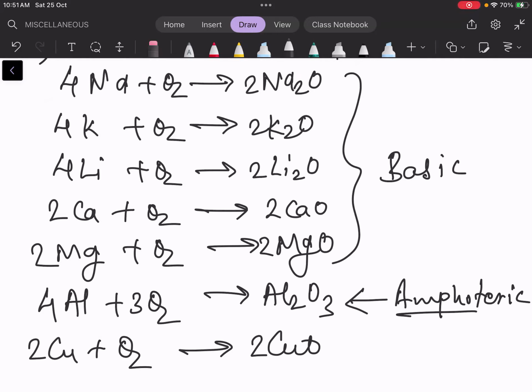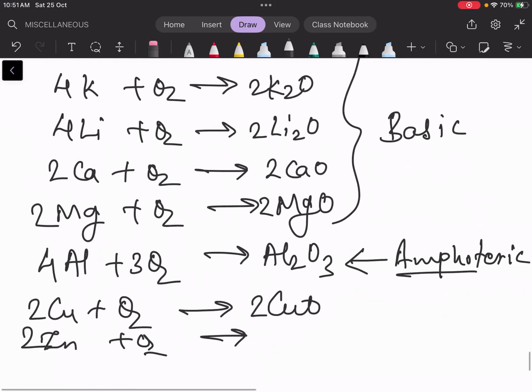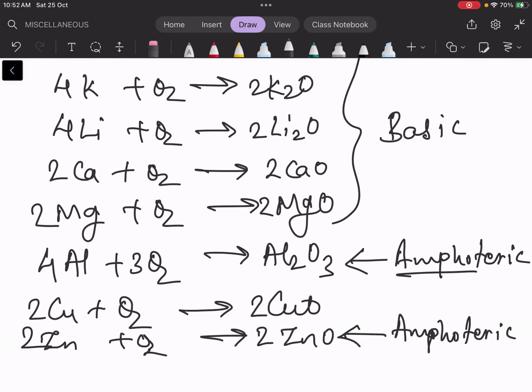Similar to aluminium oxide, zinc, whenever combined with oxygen, also forms amphoteric oxide. It also forms what? Amphoteric oxide, right? That is, it behaves as an acid as well as a base.